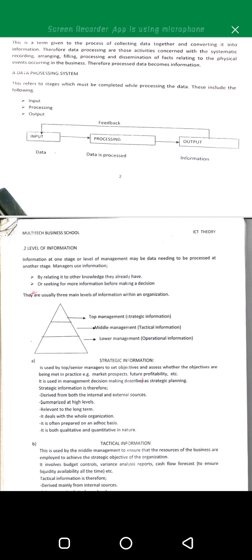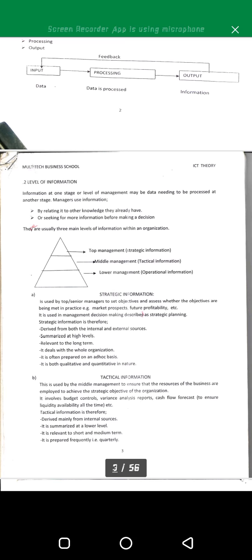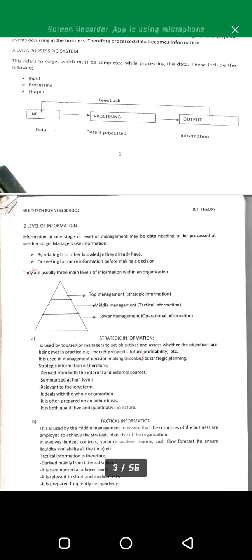And we shall see how this statement applies in ICT. Information at a given stage can be data at another given stage. Hope we are okay so far.